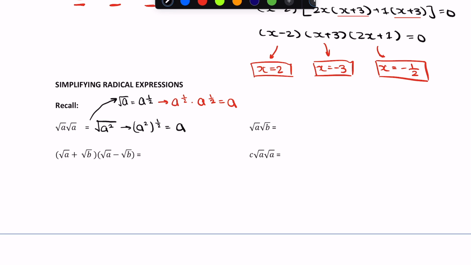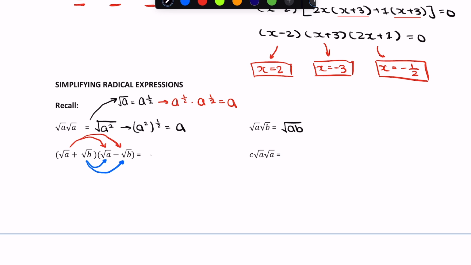Okay, so square root a times square root b gives you square root of a times b. You can combine the values inside the square root. And here we are simply using the distributive property. So you have square root a times square root a, square root a times negative square root b, square root b times square root a, square root b times negative square root b.